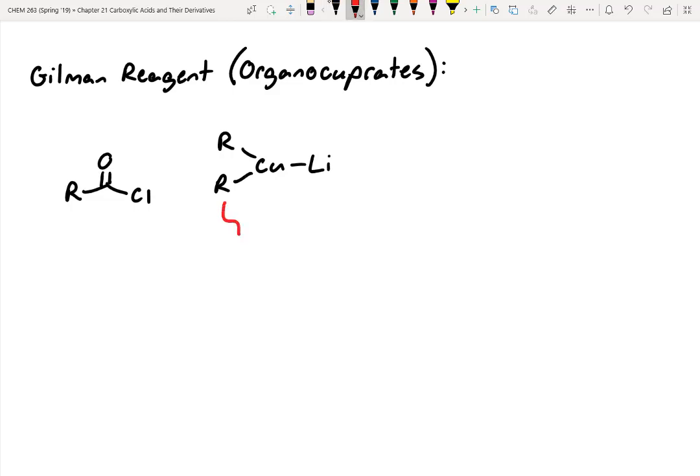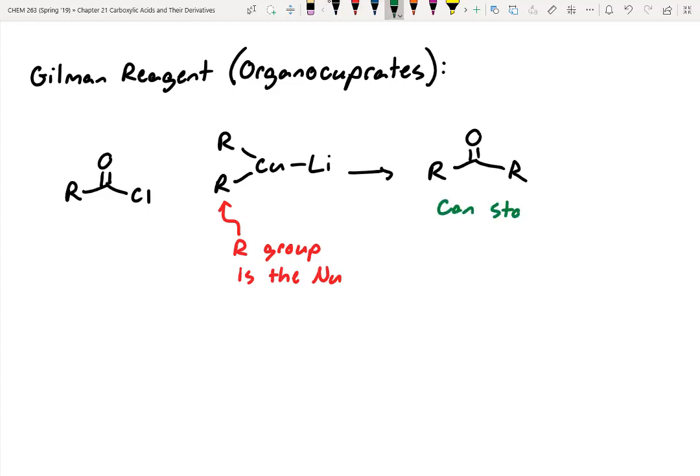So in this case, the R group acts as the nucleophile. And when we react these, we can actually stop directly at a ketone. And this is due to a couple different things.